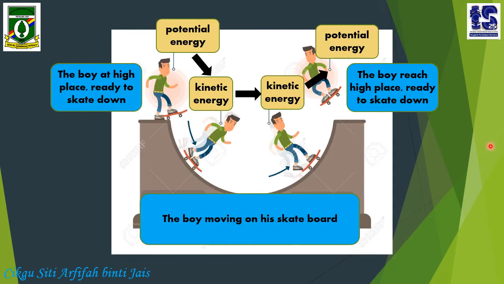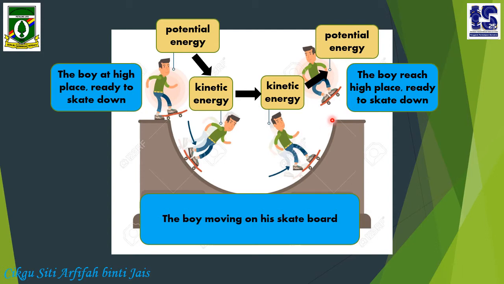Okay, this is another situation, whereby a boy is moving on his skateboard. First, when the boy is at a high place and ready to skate down, he has potential energy. As he moves down, the potential energy transforms into kinetic energy until he reaches the high place on the other side.